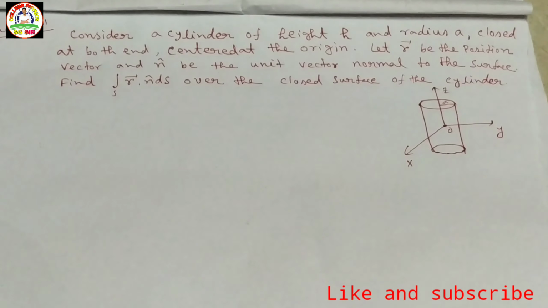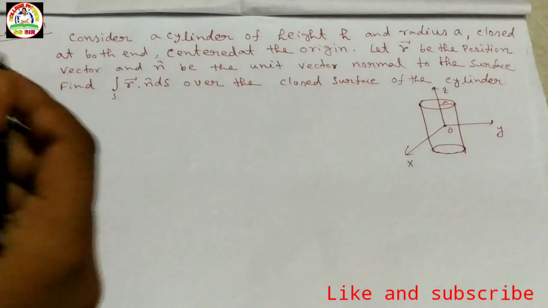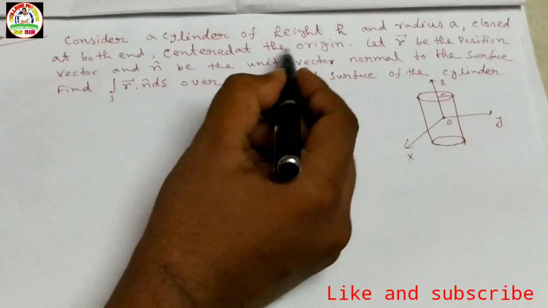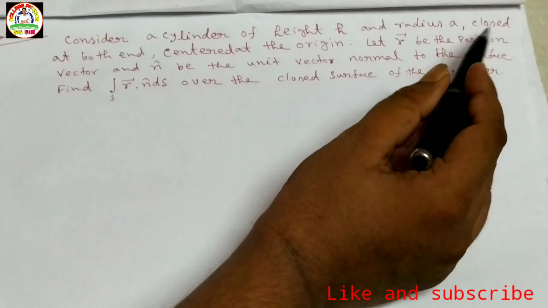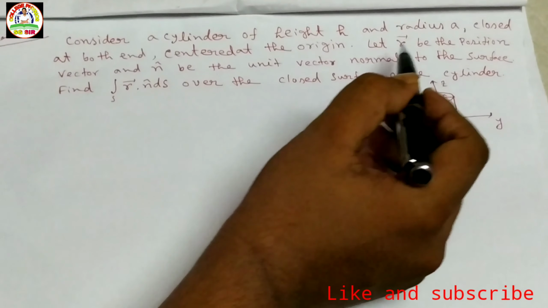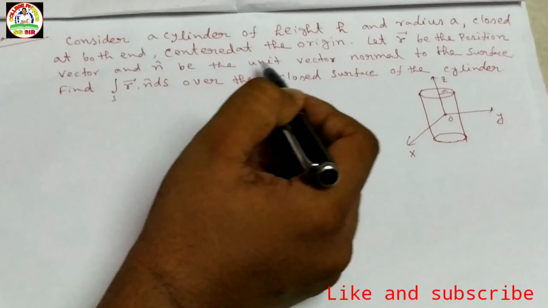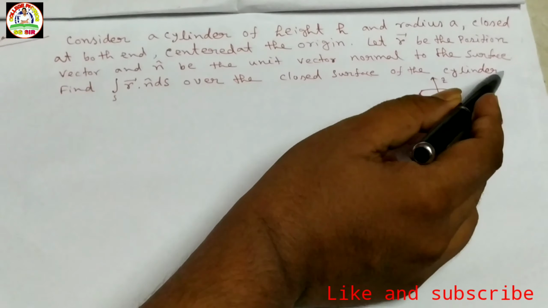Now we calculate another important problem from GATE 2011. The problem asked: consider a cylinder of height h and radius a, closed at both ends, centered at the origin. Let r be the position vector and n cap be the unit vector normal to the surface.